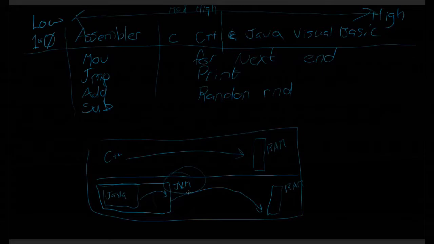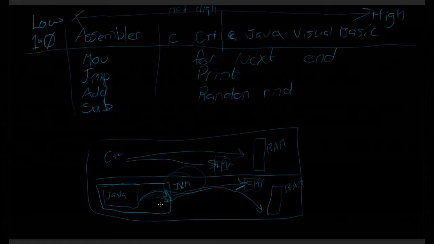And because this has to go through an extra loop, even if I'm accessing the CPU, with C++ I'm accessing it pretty directly. With Java, I have to make a request to the JVM, and the JVM then accesses the CPU and passes it back.